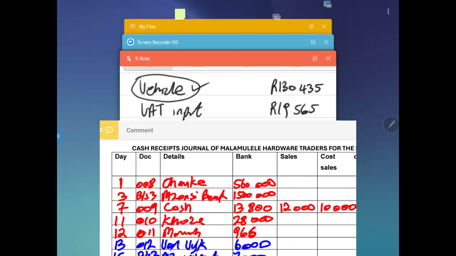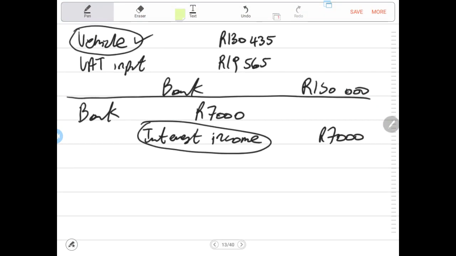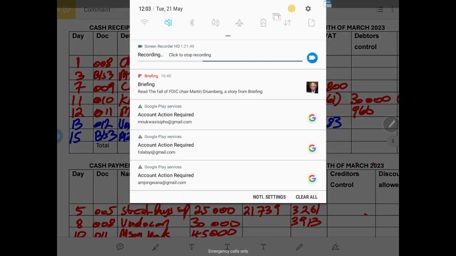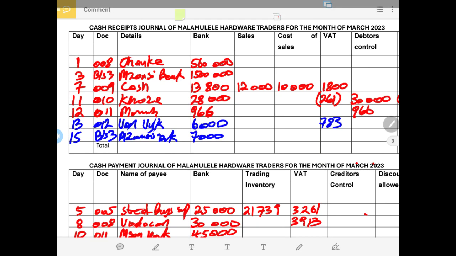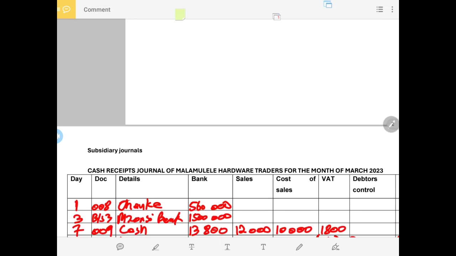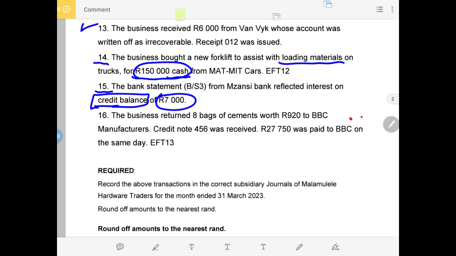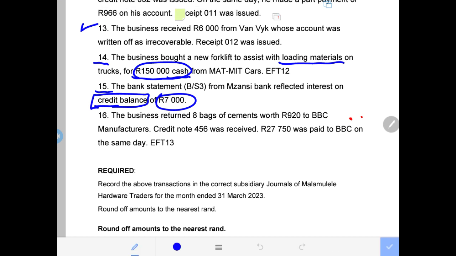Then last but not least, within 1 hour 21 minutes we are wrapping up our transactions. We have the last transaction, number 16. The business returned 8 bags of cement worth 920.